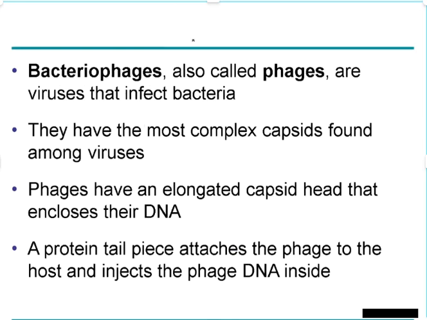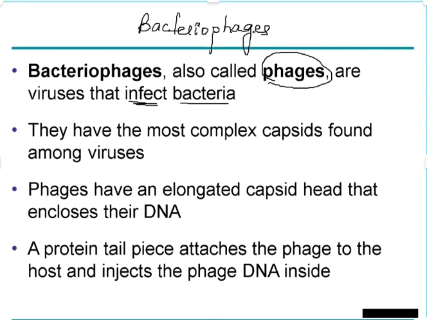Next, we come to bacteriophages, also called phages, and they are the viruses which infect bacteria. Name a virus which infects bacteria: it's bacteriophage. The important characteristic of bacteriophages is that they have the most complex capsid found among the viruses.